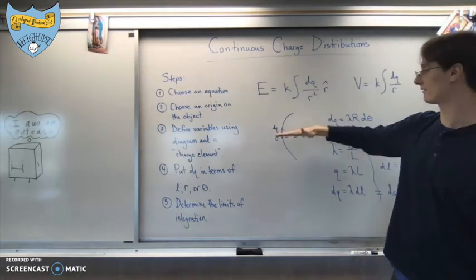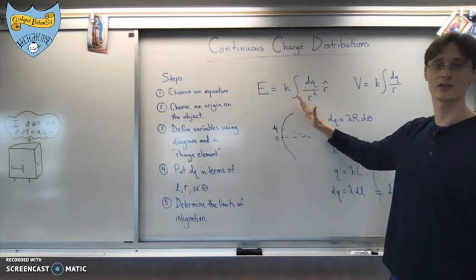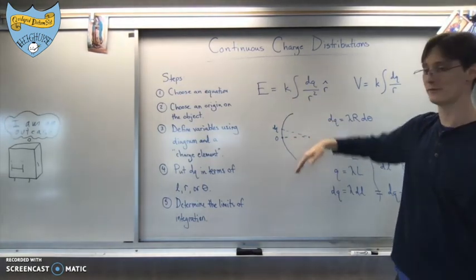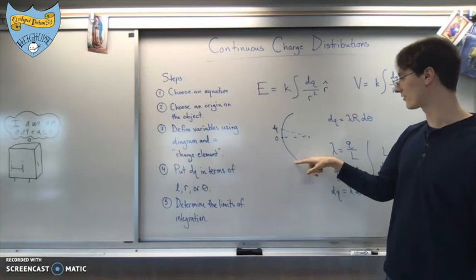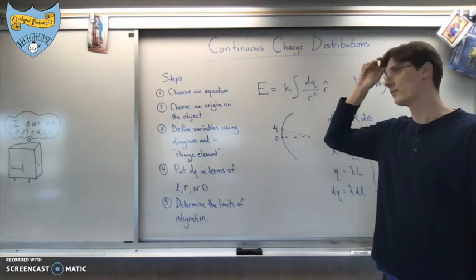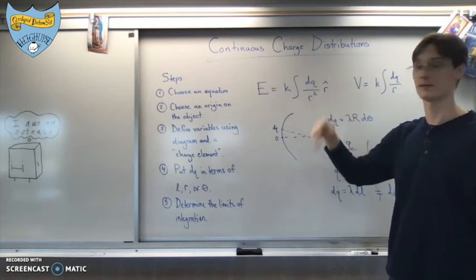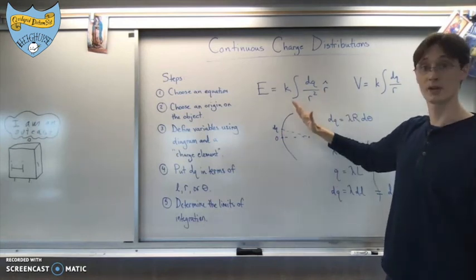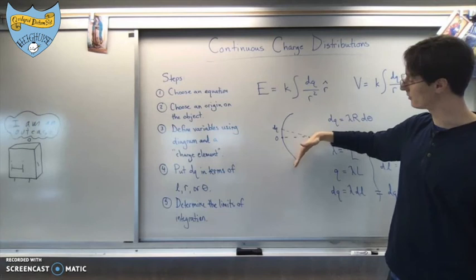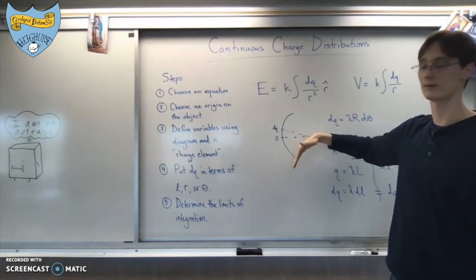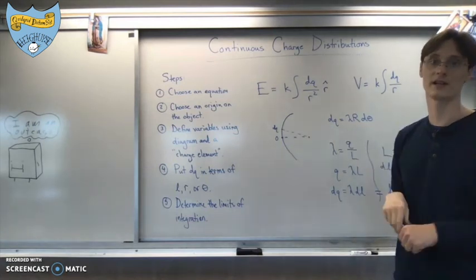So that's going to mean that half of your charge distribution is up here, half of it's down there. Therefore, if this were, say, like pi over 2 radians in all, then it would be from pi over 4 to negative pi over 4 for your limits of integration.